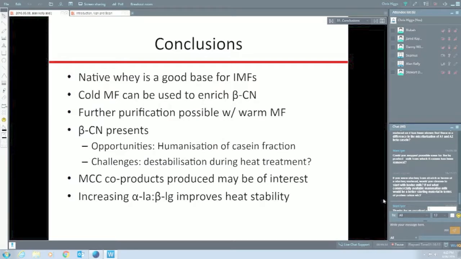Yeah, he's right. It is a challenge because when you look at the caseins and the amino acid profile and so on of the caseins, there aren't much differences between any of the caseins.